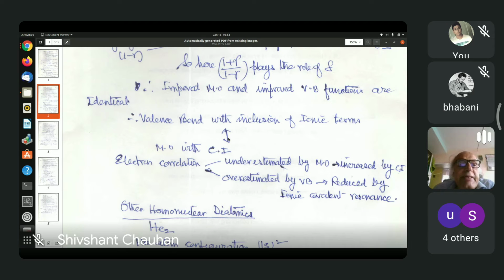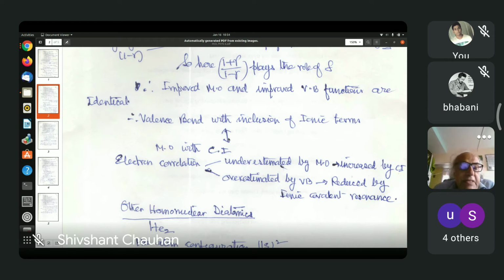This is overestimated in valence bond theory because we always put the two electrons on two different nuclei. And when we include the ionic covalent resonance correction term, this underestimation of the ionic terms of valence bond theory is reduced.